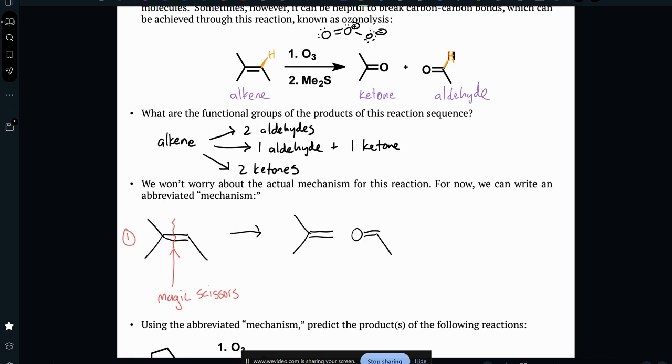Step two is add oxygen. So that would be adding an oxygen here and adding an oxygen there.